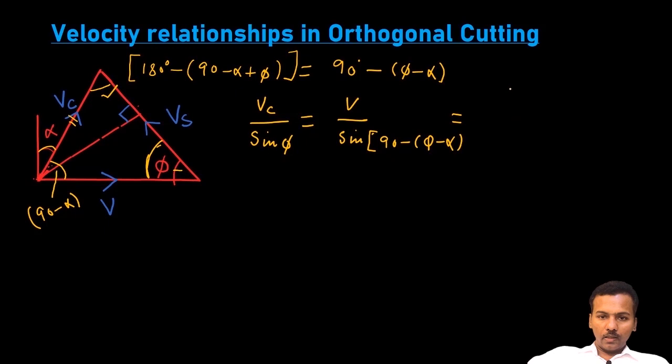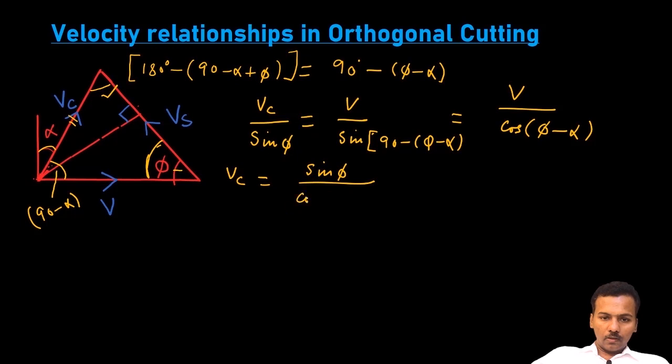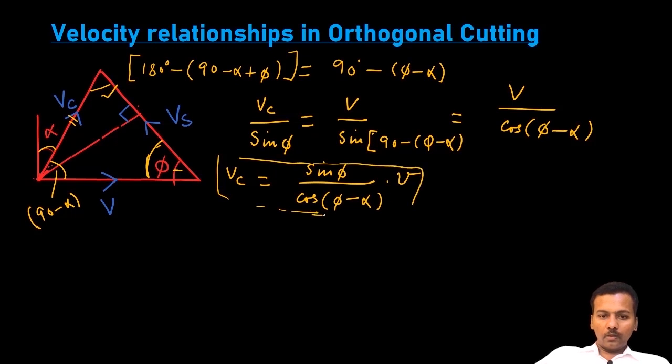So we can say that V upon cos phi minus alpha. So Vc can be written equal to sine phi upon cos phi minus alpha into V. So this is one relationship, that is the relationship between the chip velocity and the cutting velocity.